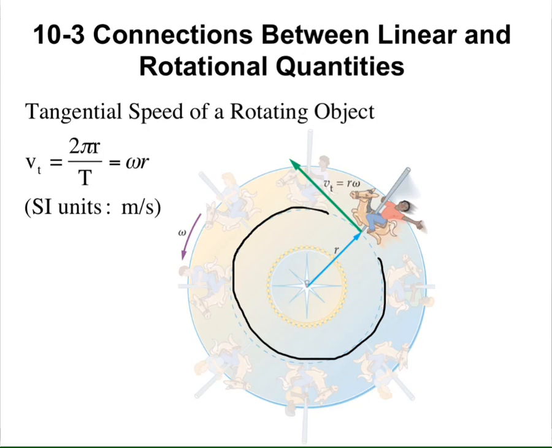So in one revolution, he takes 2 pi r distance, because if he rotates in a circle of radius r, then the circumference of this circle, or the total distance he takes, is 2 pi r. If you divide 2 pi r by time, you will find his linear velocity. But if you look closely at this equation, 2 pi times r divided by the capital T, which is period, we know that 2 pi divided by capital T is nothing but the angular velocity, right?